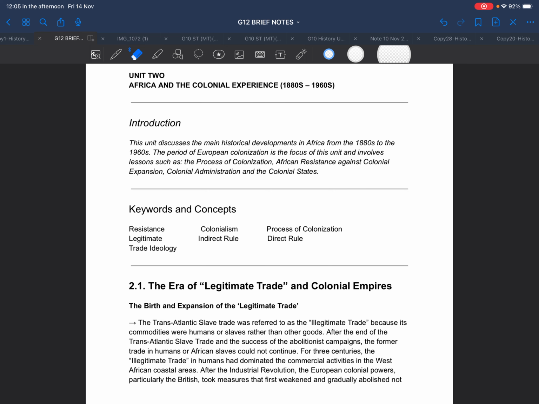Rather, we should use these terms: pre-colonial African history, colonization period of African history, and post-independence.